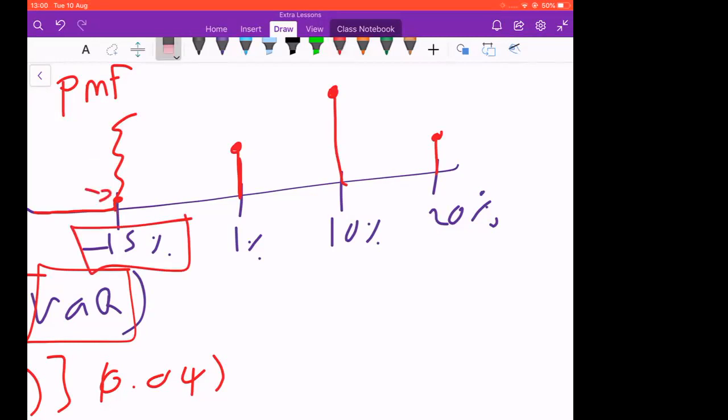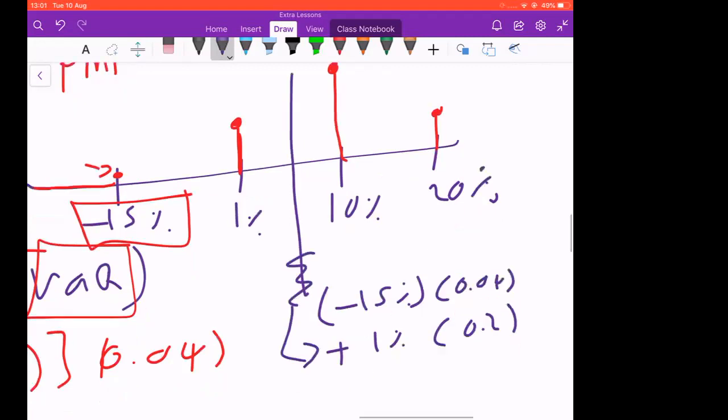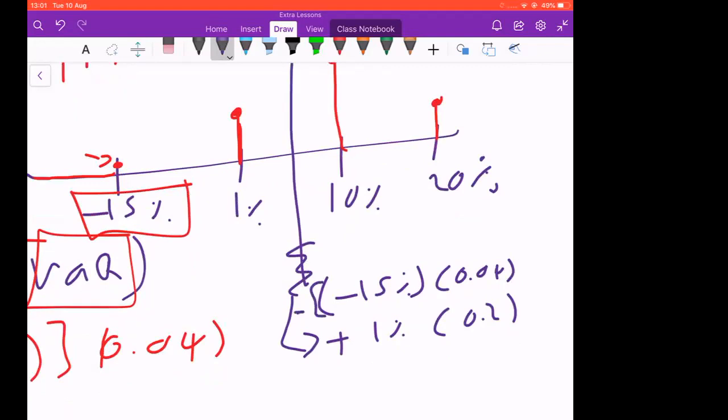So if we were looking at maybe here, you have negative 15% times 0.04, and then the other is 1% times 0.2. Remember that it's going to be negative, right? You will have to multiply both sides by negatives. I'm not sure if this answers your question.